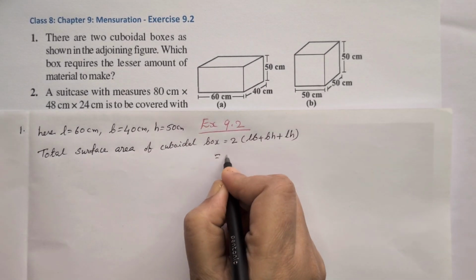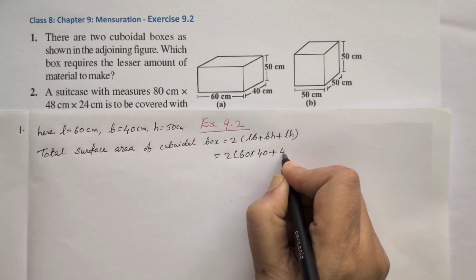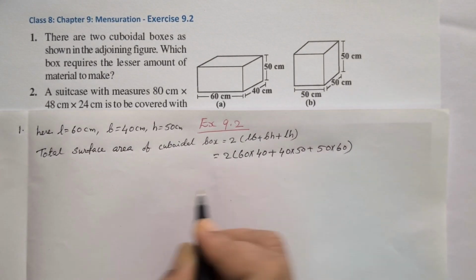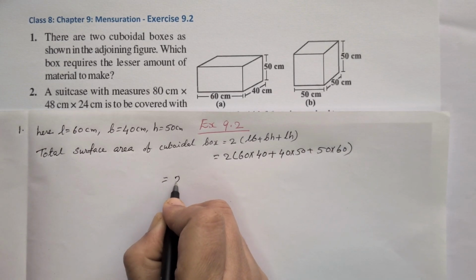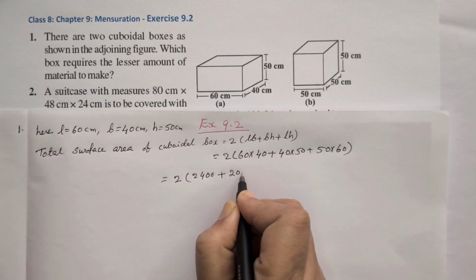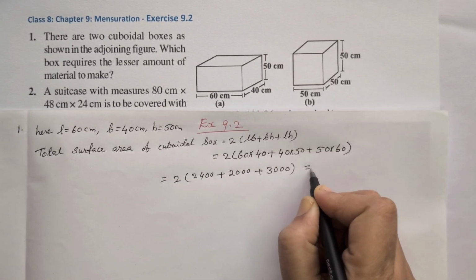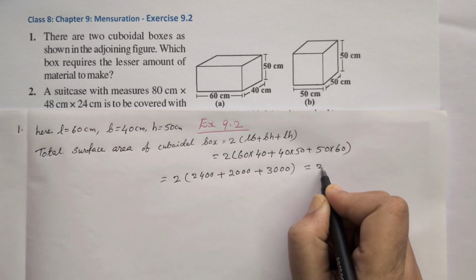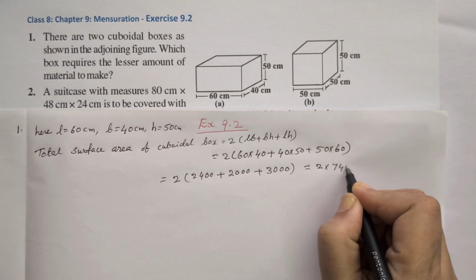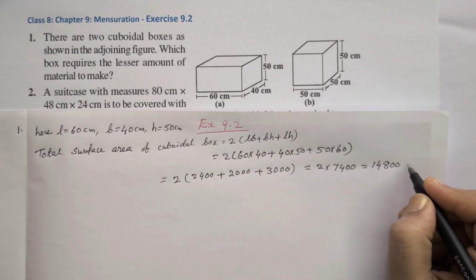You can put the values in the formula. 2 into (60 into 40 plus 40 into 50 plus 50 into 60), which is equal to 2 times (2400 plus 2000 plus 3000), and that is equal to 2 into 7400, which is equal to 14,800 centimeter square.